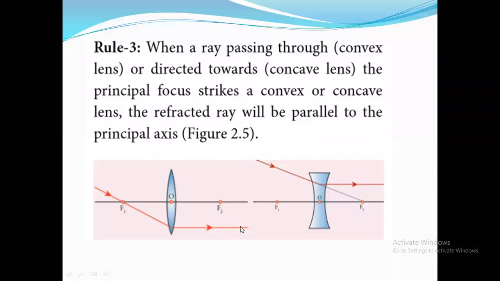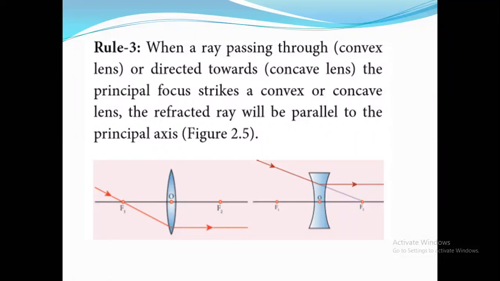This is the incident ray, see the arrow mark. This ray passes through the principal focus, is refracted in the lens, and then the refracted ray will be parallel to the principal axis. In the diverging concave lens also, the ray directed towards the principal focus is refracted parallel to the principal axis. This is rule 3.